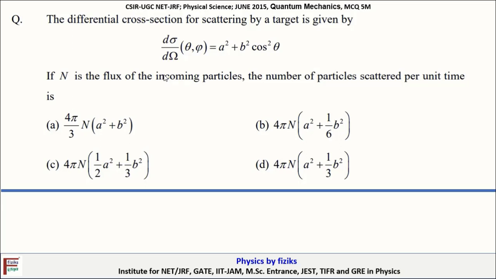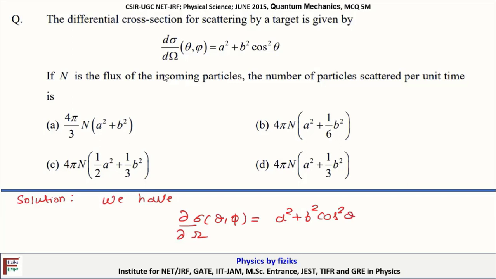So we have to determine the number of particles. Now, solution. We have d sigma by d omega theta phi equals a square plus b square cos square theta.